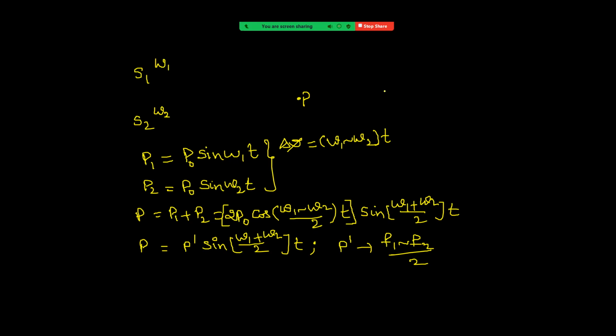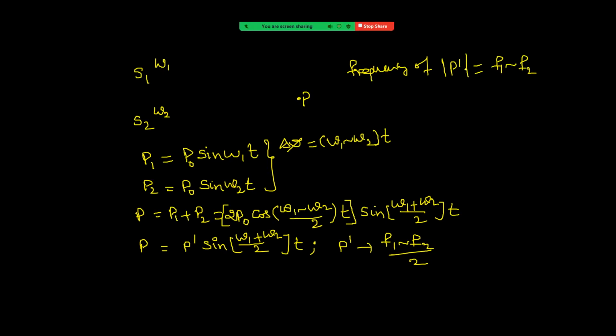I will write here the frequency of mod p dash is f1 minus f2. That is twice the frequency of p dash. P dash means cos function.